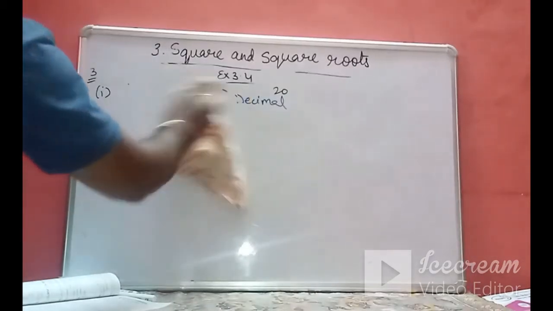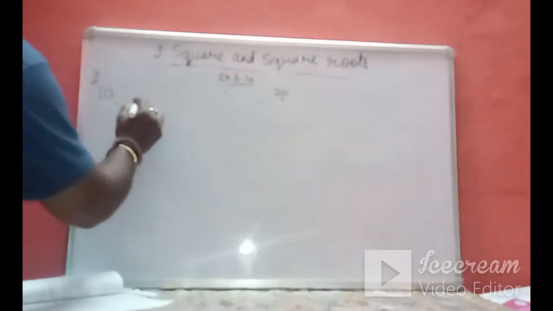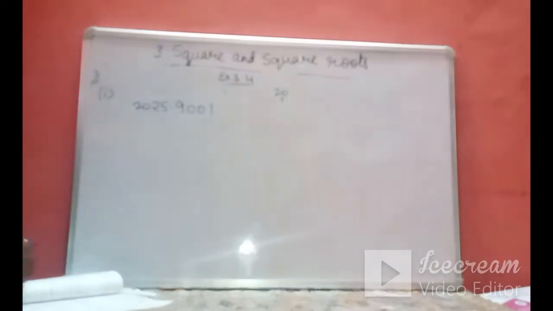So let's find the square root of this number, 2025.9001.